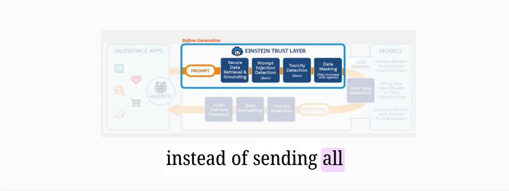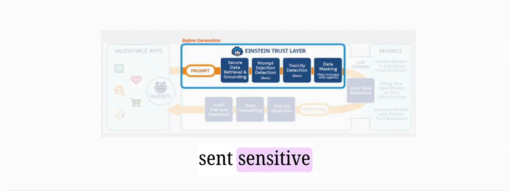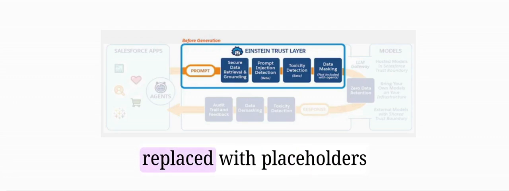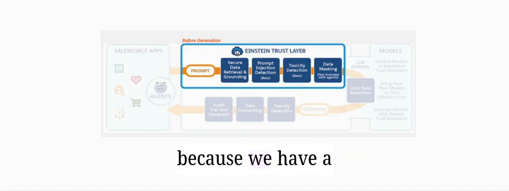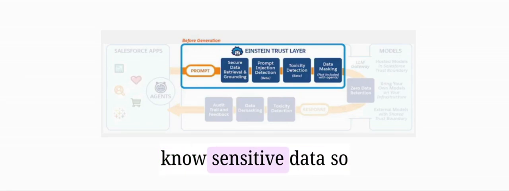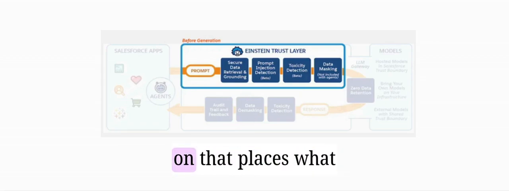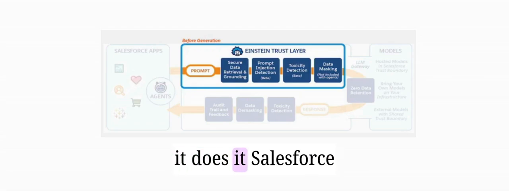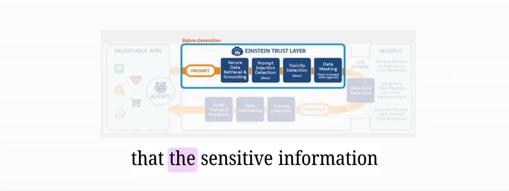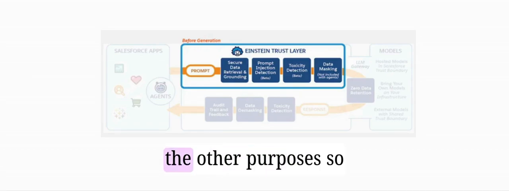Instead of sending all the information, Salesforce replaces sensitive information with placeholders, because we have a lot of data and some of it is sensitive, so we can't send it all directly. Salesforce sends a placeholder in those places so that the sensitive information can't be misused or used for other purposes.